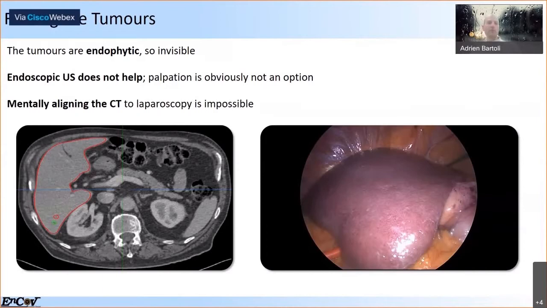In open surgery, they would touch and find the tumors because they're usually stiffer than the rest of the tissue. But in this case, they can't touch, so they can't really accurately find them. They have access to ultrasound, but this is full of artifacts, it is operator dependent, and the learning curve is very flat. So this is really a difficult case, especially on this particular patient I'm showing.